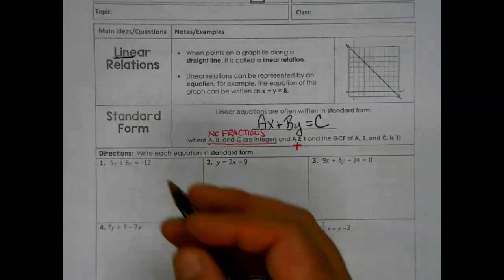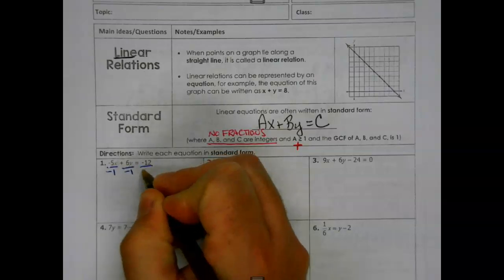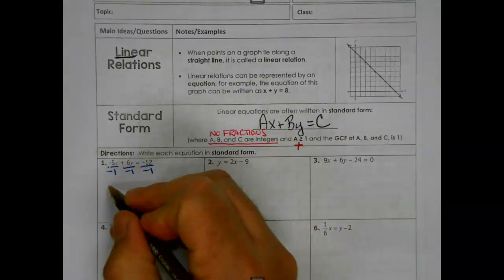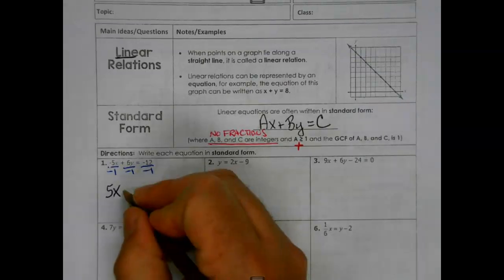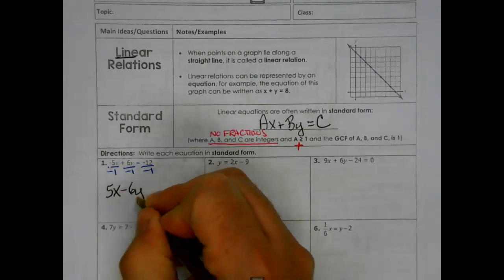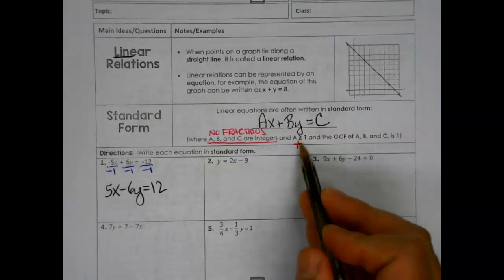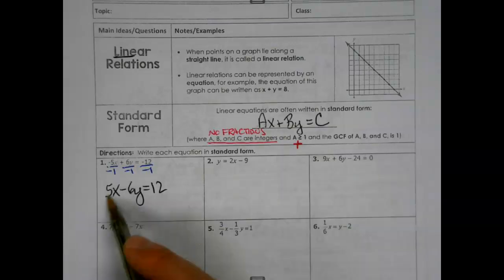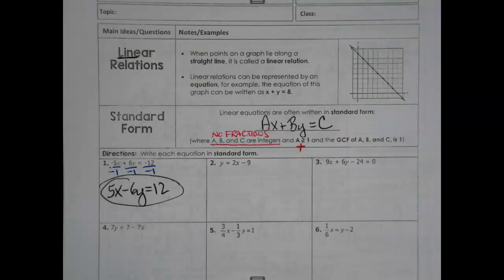So there's a couple of ways we could fix that. One way would be to just divide everything by -1. That's going to make my A value, the number in front of x, positive. But it will change the signs on the rest. I don't care, because the rule just says this value has to be positive. Now it is, and now I'm good. So that might be all I need to do.